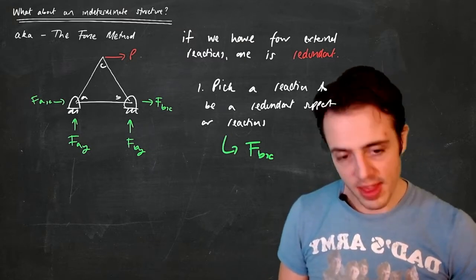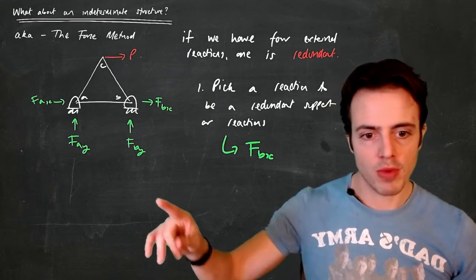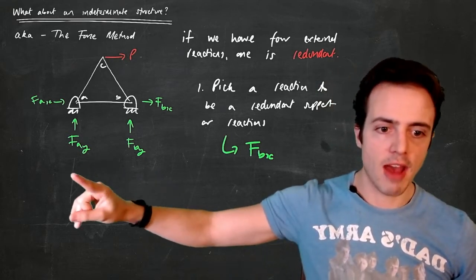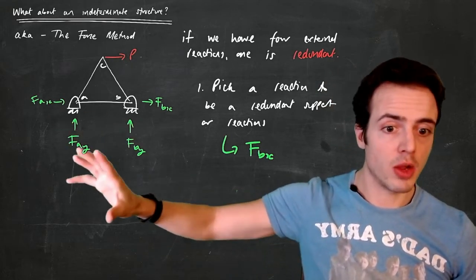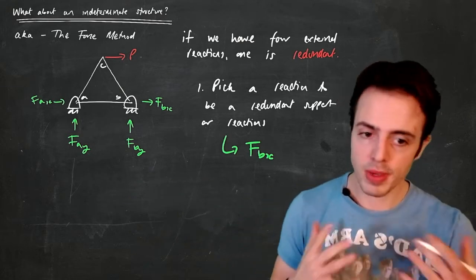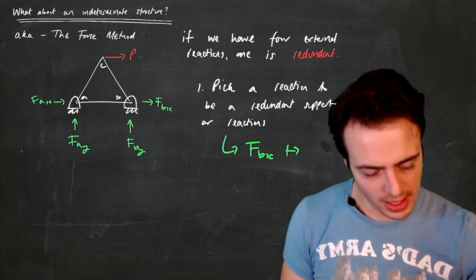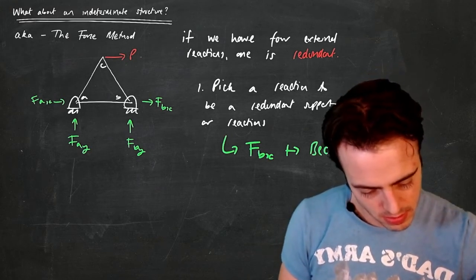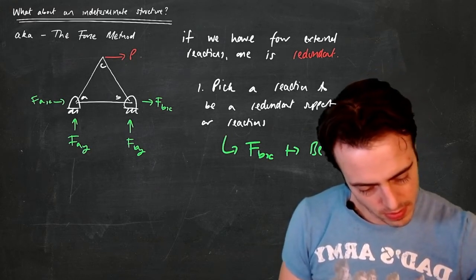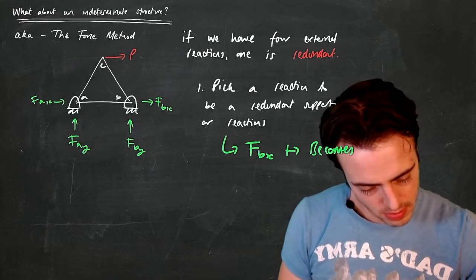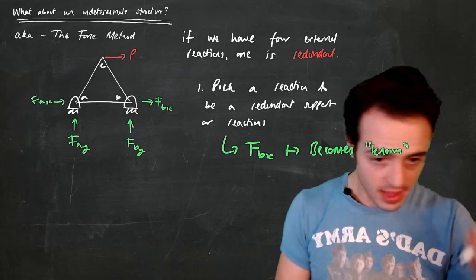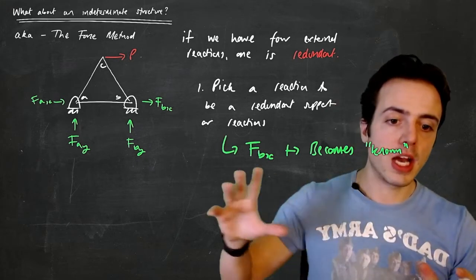So FBX then becomes a known for this problem. Unlike FBY, FAY, and FAX, which are unknowns to be determined, FBX becomes a known in the problem, even though we don't know its value yet. And what do I mean by that? I mean that it's then a force that we can apply in our free body diagram.